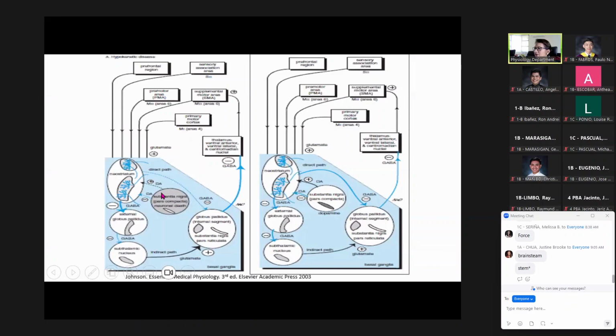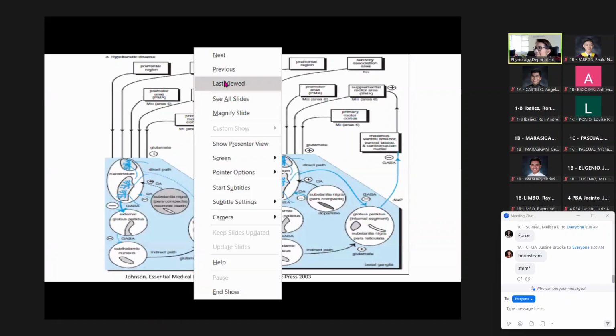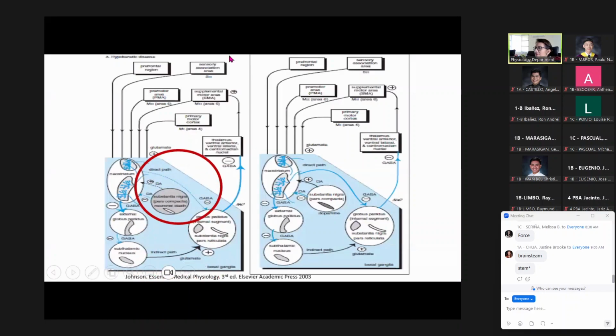And then nabura din itong dopamine, itong nigrostriatal pathway mediated by dopamine, nawala siya. And then this sign became bigger. This sign became smaller. This sign became bigger, and this became smaller. Ay, ano kaya nangyari doon?